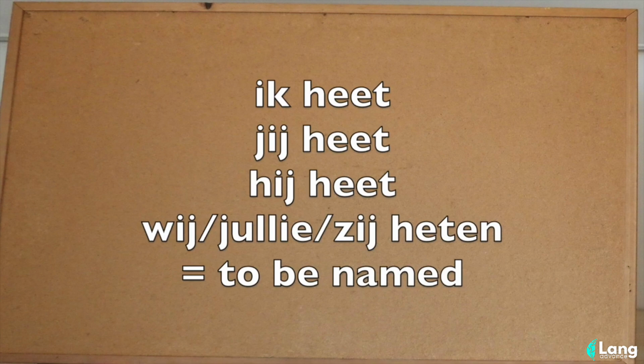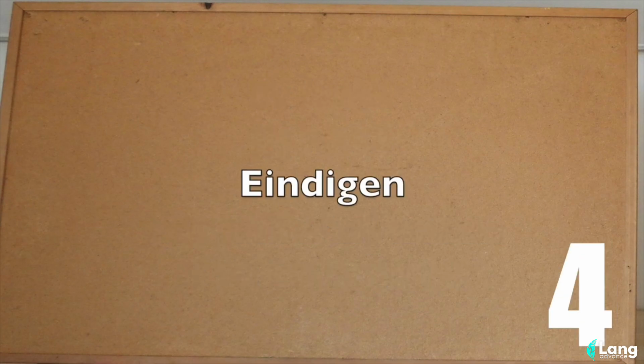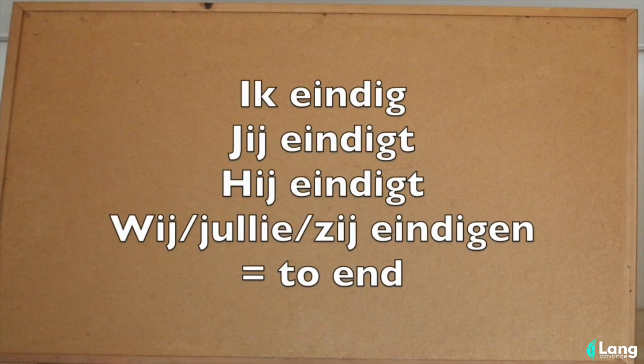Heten. That's ik heet, jij heet, hij heet, wij, jullie, zij heten. Eindigen, that's ik eindig, jij eindigt, hij eindigt, wij, jullie, zij eindigen.